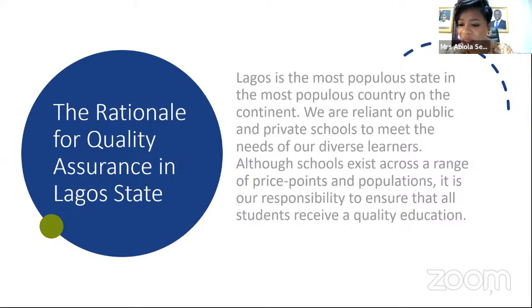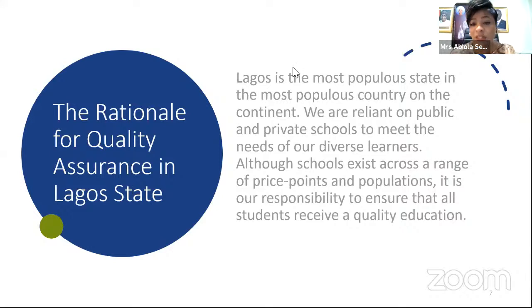Okay, Christine, can you please remind me which slide we are on now? Is it the rationale? Yes, DG, it's the rationale. Okay, so the rationale for quality assurance in Lagos State. So we know there's Lagos and then there are the others, right? Lagos is the most populous state in the country, and as a result, Nigeria is the most populous nation.